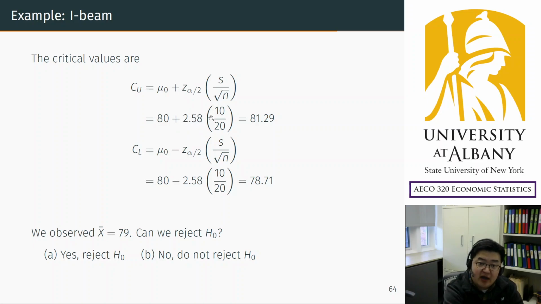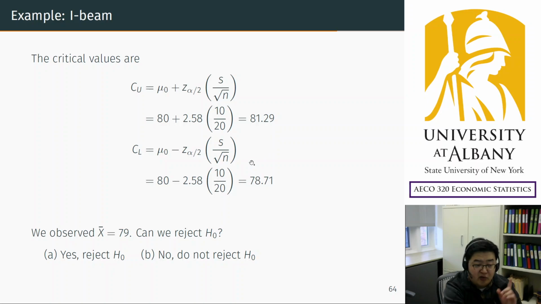So 2.58 when you use 1%, the 99% confidence level or 1% significance level, the same number as the confidence interval. Standard deviation, sample size, we all know them. So just simple algebra. The upper critical value is 80 plus this much margin, and the lower critical value is 80 minus this much margin. So we get this, right?